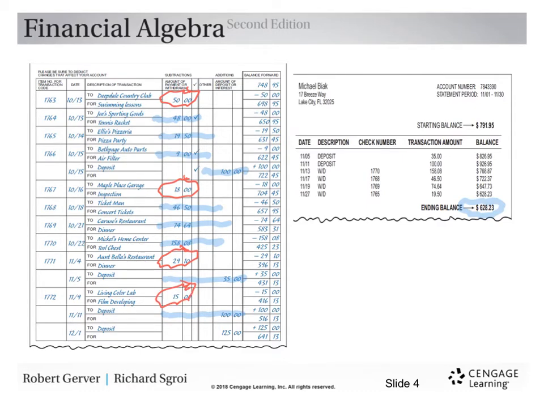If I add those together, I've got $112.10. Now, if I look at the outstanding deposits, I've got $125.